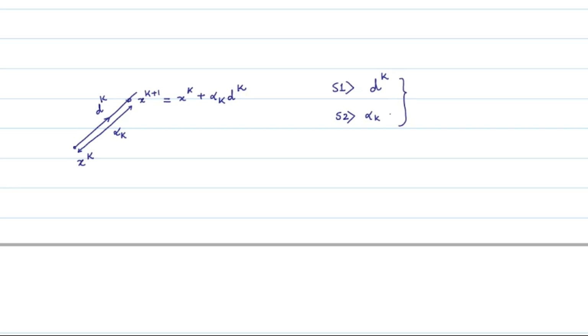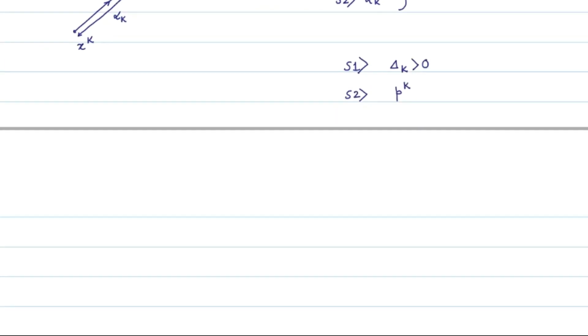In trust region methods, we almost reverse this process. At first, in the first step, we provide a maximum allowed step length delta k, and then we move for finding a step to be taken.